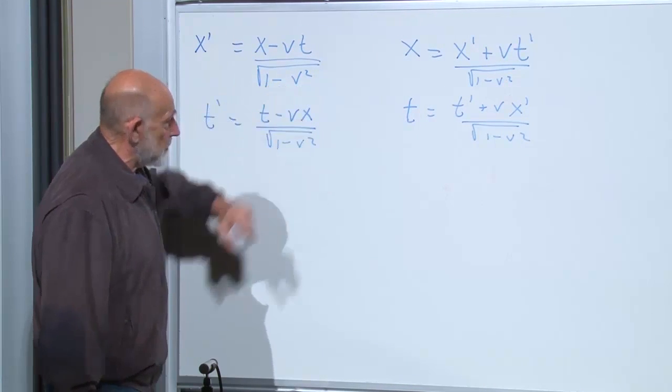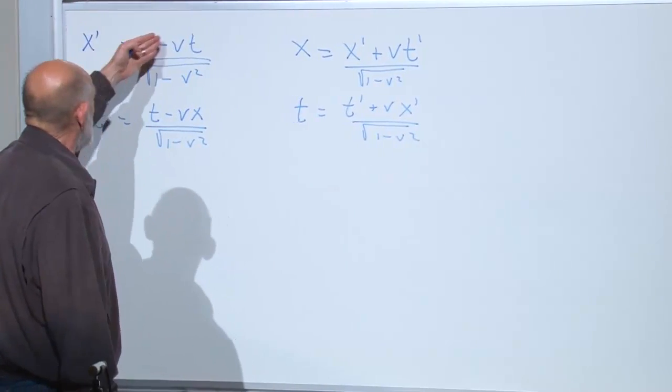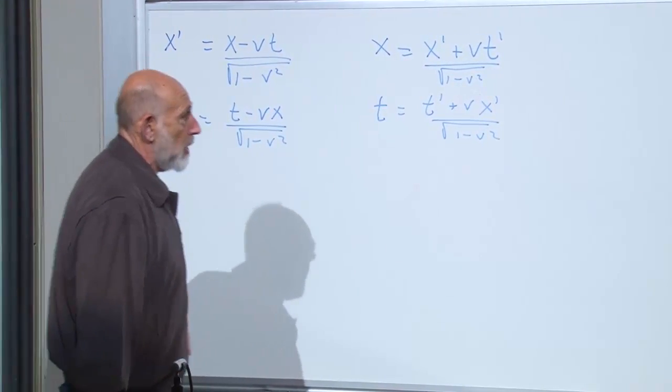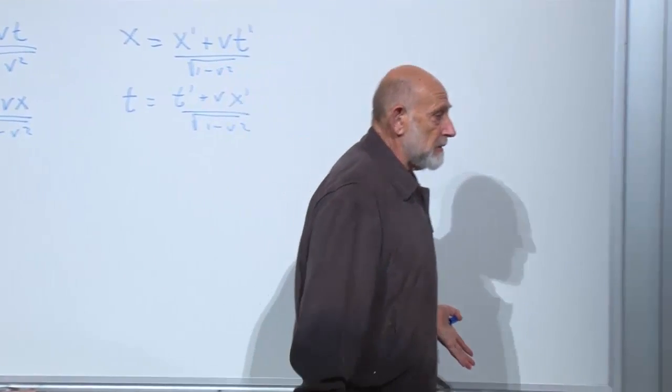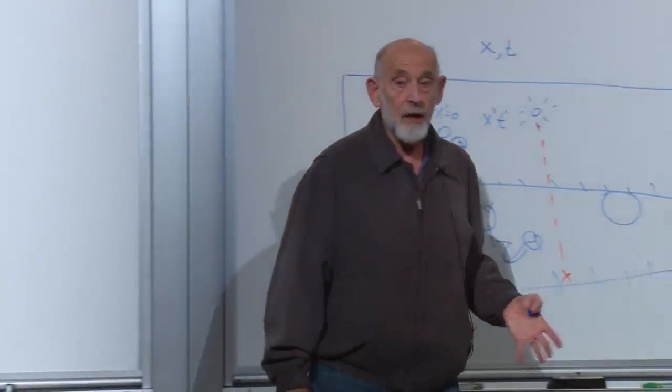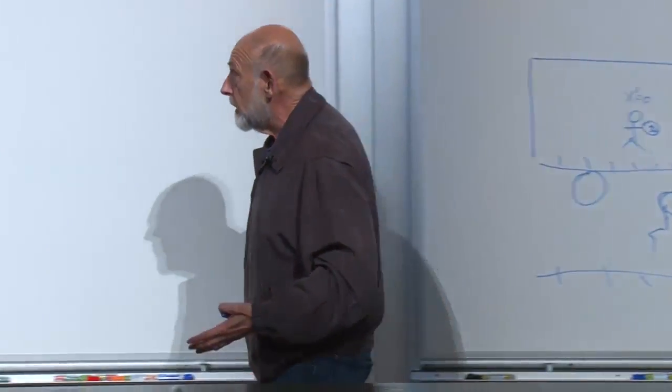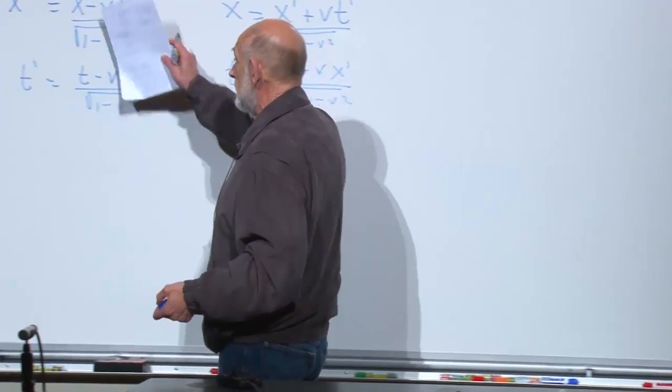You don't have to know about the denominator there. You just look at x equals vt. That specifies x prime equals 0, and that tells you that the relative velocity between the two of them is v.